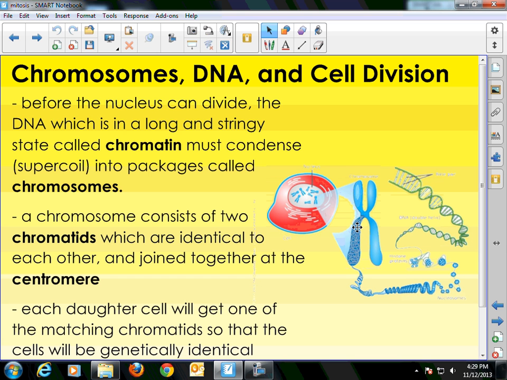When it gets this X shape, we call that the chromosome. A chromosome consists of two chromatids. Each chromatid is an individual piece of DNA that's identical to the other, and they're joined at the centromere. In the end, each daughter cell is going to get one of those pieces of DNA. It's a little bit of a difficult concept, how to put the pieces of chromosome, chromatid, and DNA together, but that's as good a definition as I can come up with.